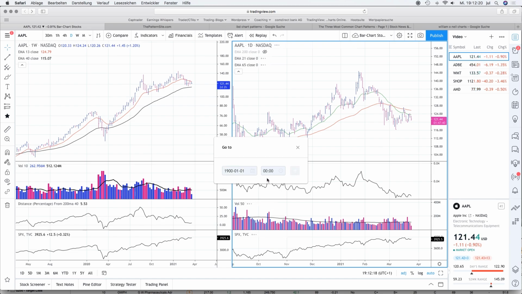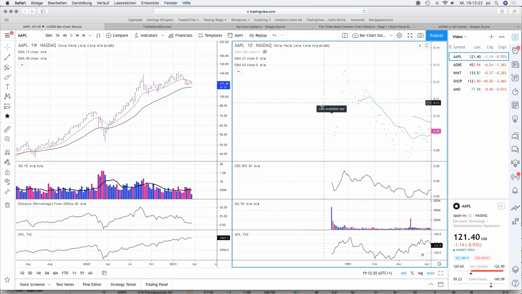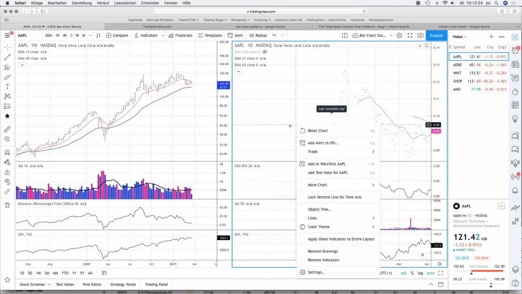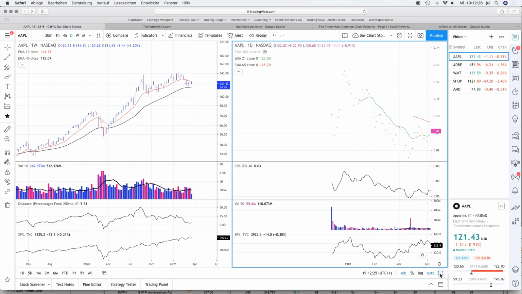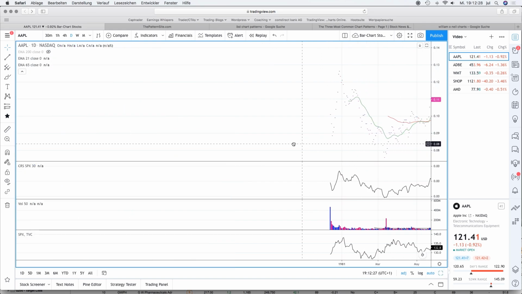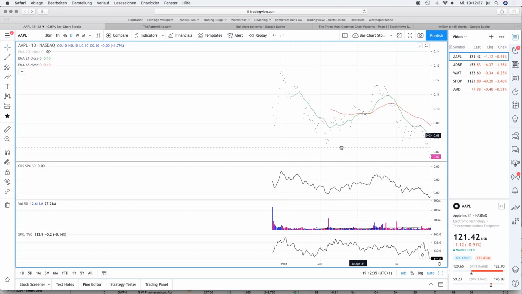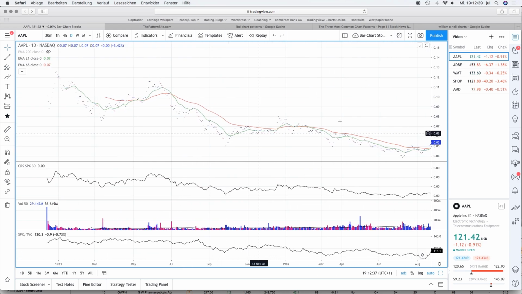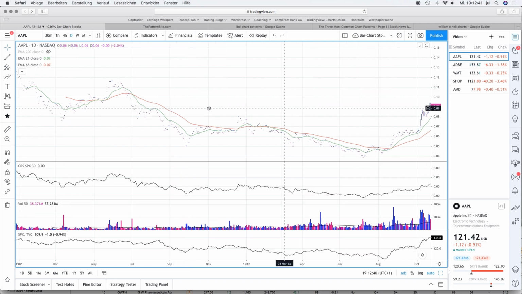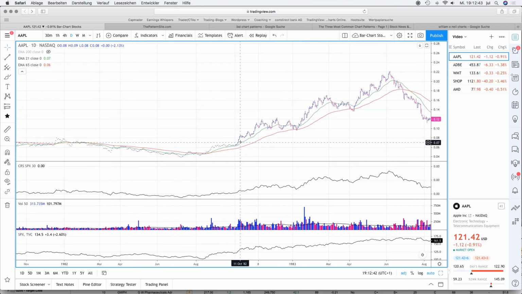And when I go back, then I'm at the last available bar here. So I will make it a little bit bigger. This is a daily chart, and you can see that it starts here in 1980 and the data set is incomplete. You can see only points or the closes. And if you go back a little bit further, you can see that in 1982 you get a little bit more data.